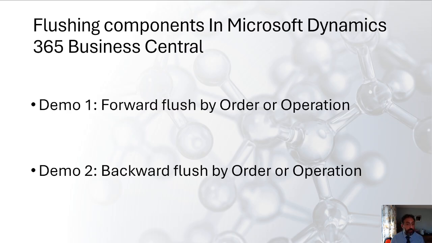However, in my opinion, it's good practice to show you that in a demo, because most of the time, you create a production order starting from an MPS, or master production schedule, or MRP. It's quite unlikely, in a real business scenario, to see users creating the production order straight into released.